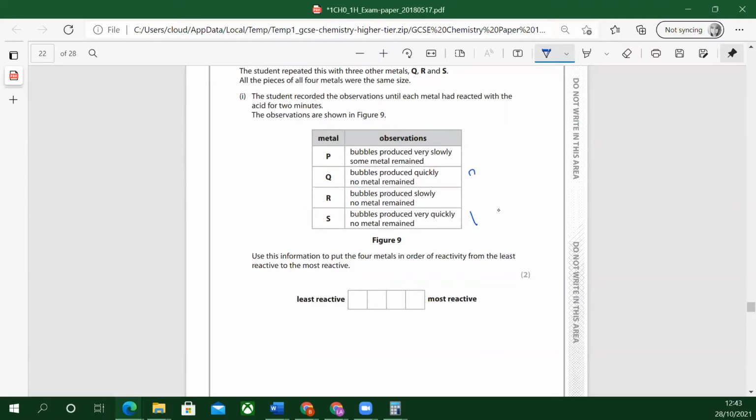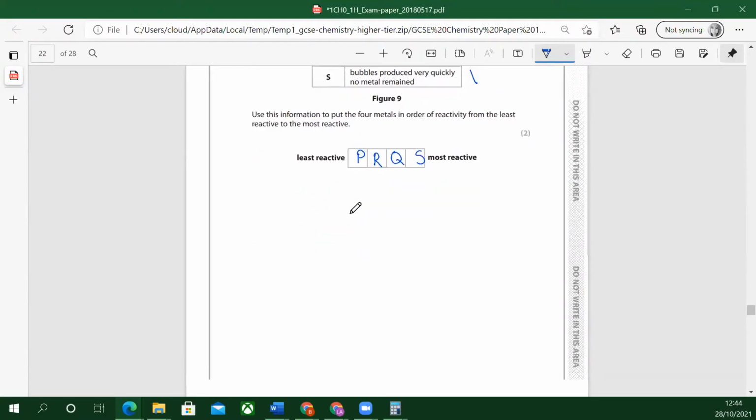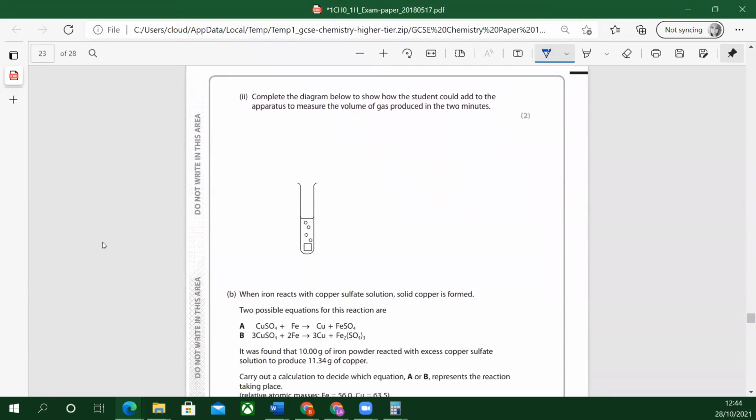Fastest, bubble 2. And P is the slowest one. So most reactive was S, then Q, then R, and finally the last one, P. Okay, so it's just more of a reading exercise there.